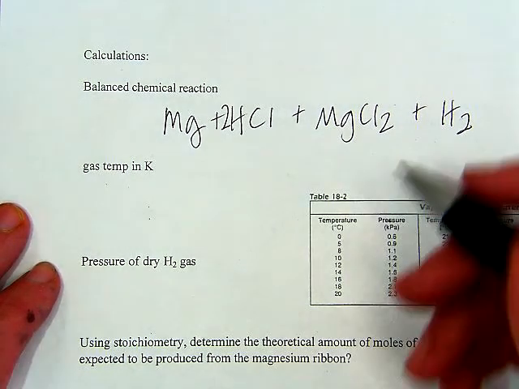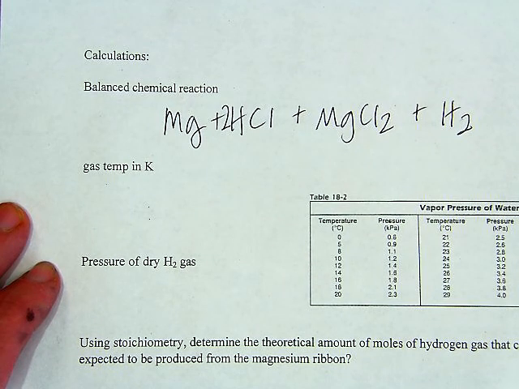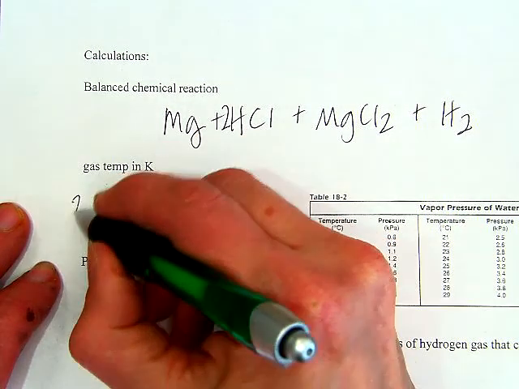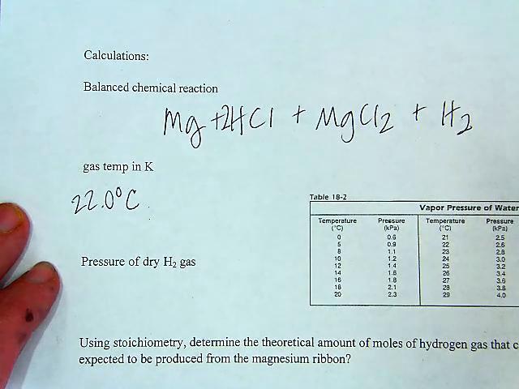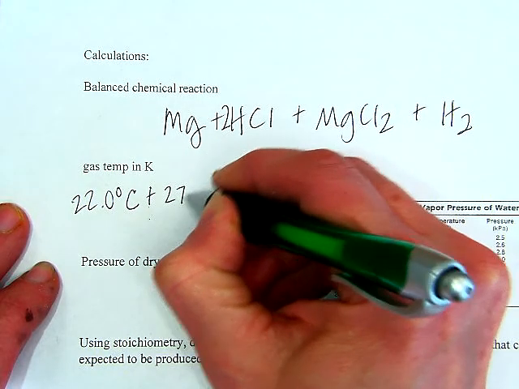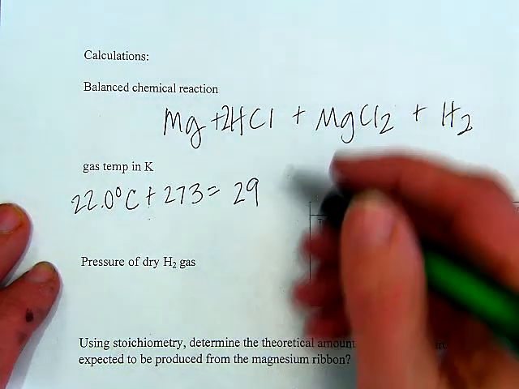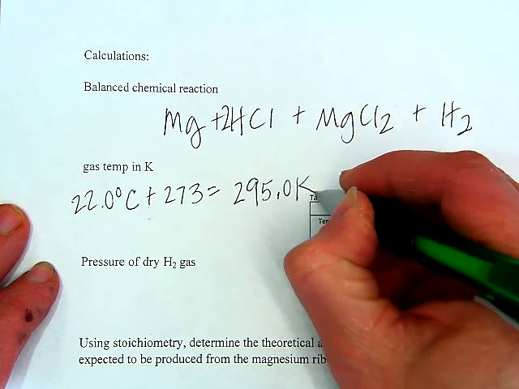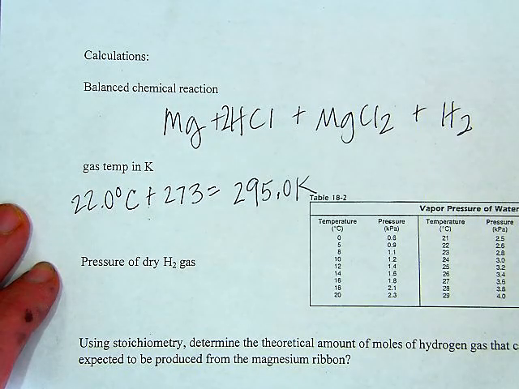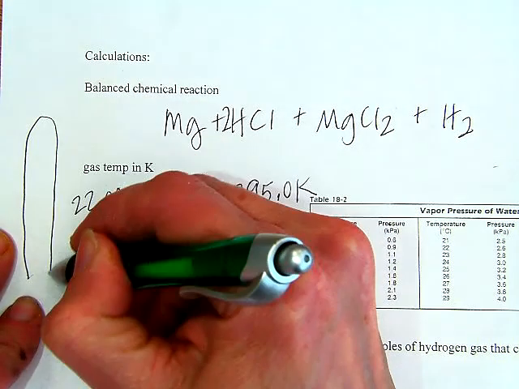My partner and I agreed that since both the numbers were 22 degrees anyway, and that the gas had time to equalize back to room temperature, we are going to use 22.0 degrees Celsius as our gas temperature. Gas temperatures have to be in Kelvin, so that would lead to 295.0 Kelvin.